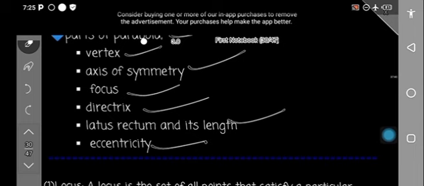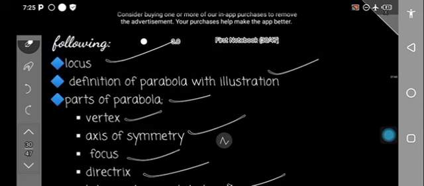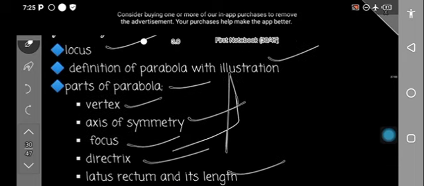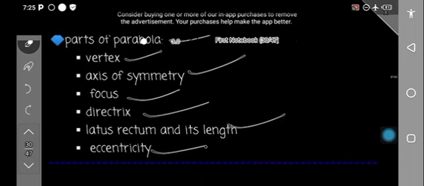Then we have eccentricity. So we have covered everything that we said we were going to cover. We are going to look at examples on parabola and solve questions in the next video, so stay tuned.